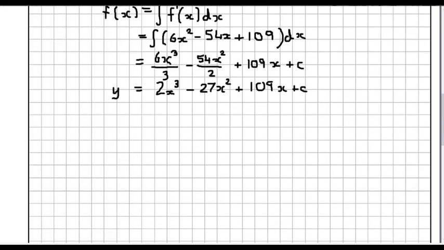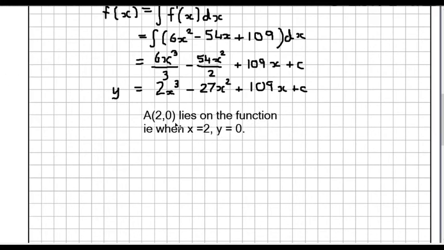So I'm going to say here that A, 2, 0, lies on the function, or the curve you could say, i.e. when x equals 2, y is equal to 0.